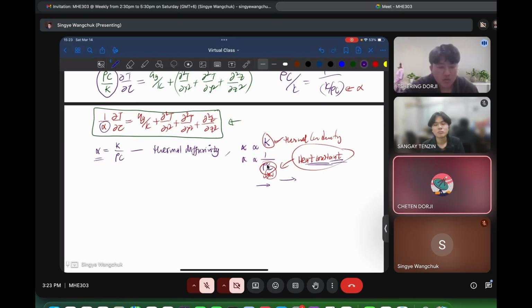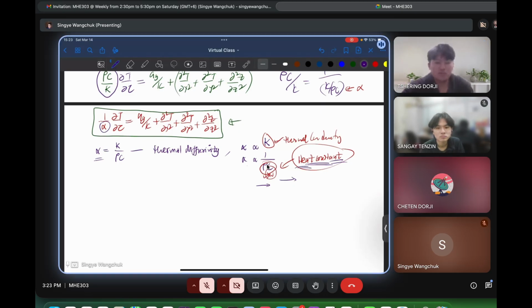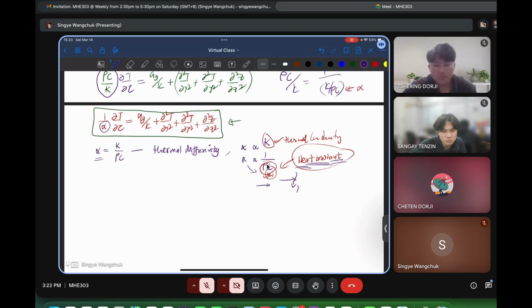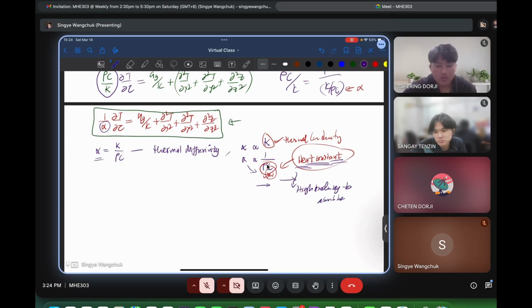If heat constant is high, the thermal diffusivity is less, which means this material has a high tendency to absorb heat. So this is how we get this.